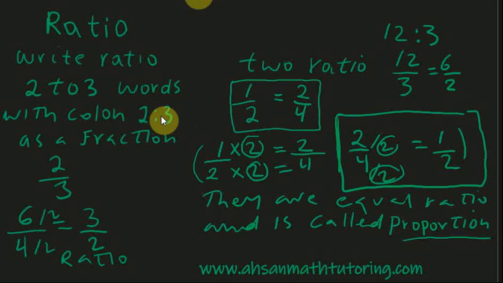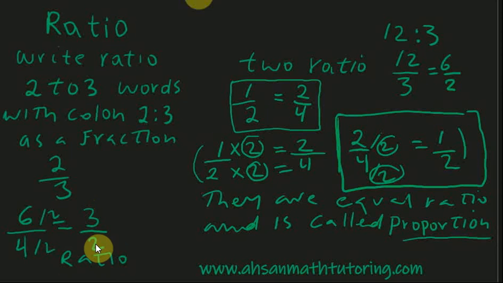So in ratios, you always need to find a number you can divide the top by and divide the bottom by. That will give you an equal fraction, and those numbers are the equivalent ratio. For example, if we have 6 over 4, if I divide by 2, I get 3. If I divide by 2 here, I have to divide by 2 here too, so I get 2.